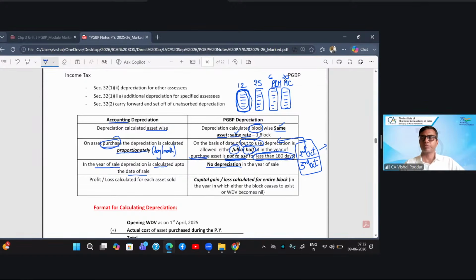Even today in accounts, when you get anything on depreciation, maybe in partnership, admission, retirement sums, you always keep in mind this proportionate point and you always do it proportionately, right? Income tax is, sorry, for purchase also, we will do it either full or half. For sale, no depreciation at all. Now, somebody will say, sir, what is the logic of this?